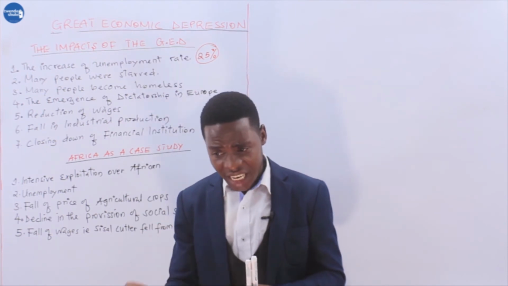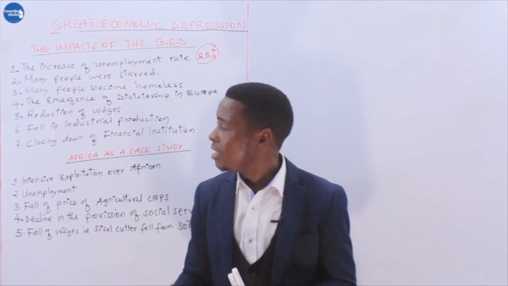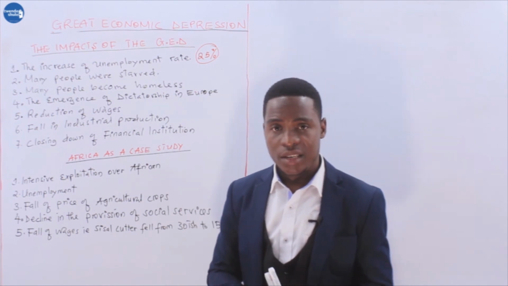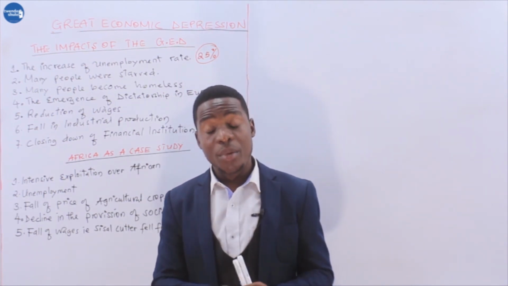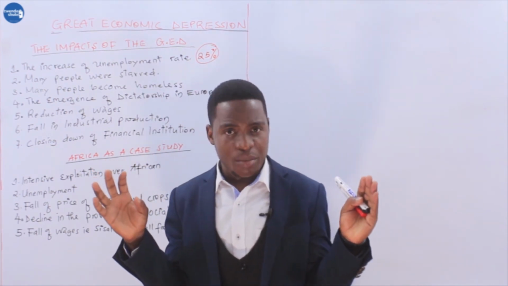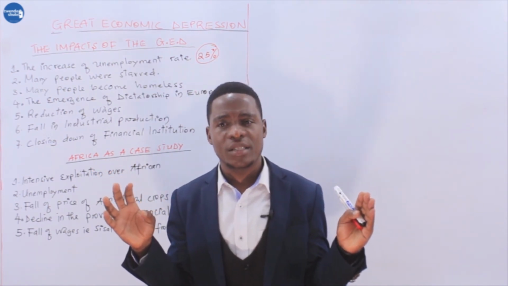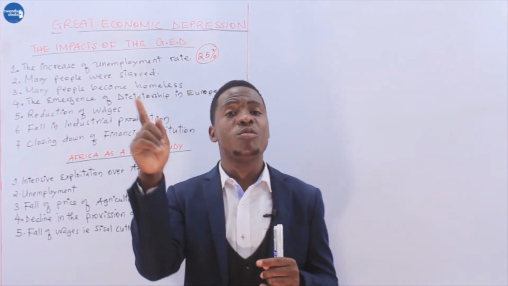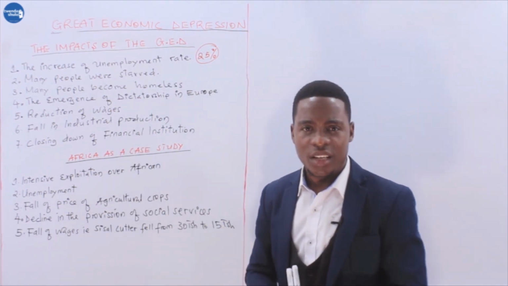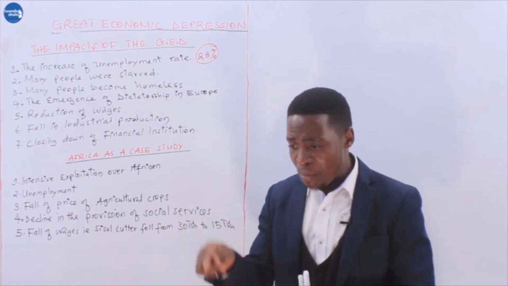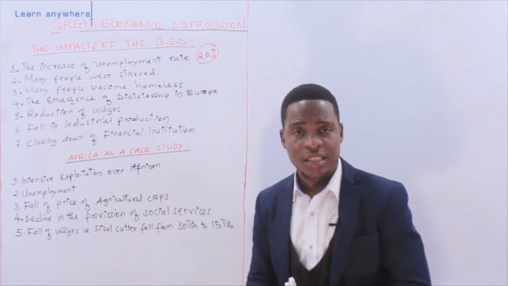So due to the decline of agriculture, industrial production fell. Not only that, remember there was a flooding of goods in the market, but there were no consumers, because the purchasing power of people declined.